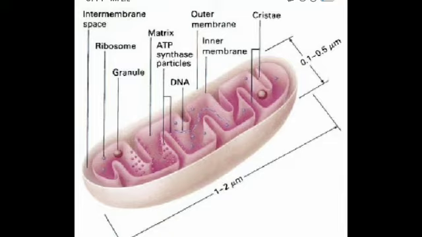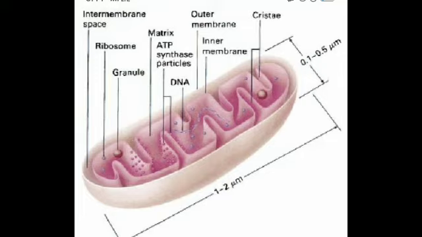It is called the powerhouse of the cell. Mitochondria vary in size from 0.5 micrometer to 2.0 micrometer. Our mitochondria contain 60 to 70% of protein, 25 to 30% of lipids, 5 to 7% of RNA, and small amount of DNA and minerals.